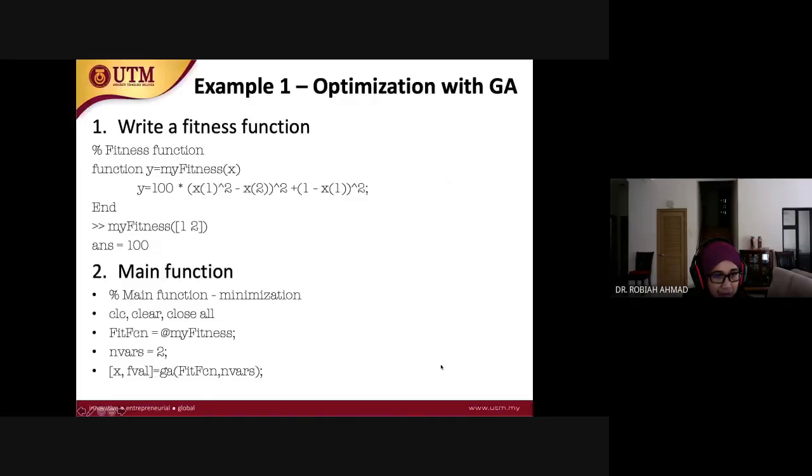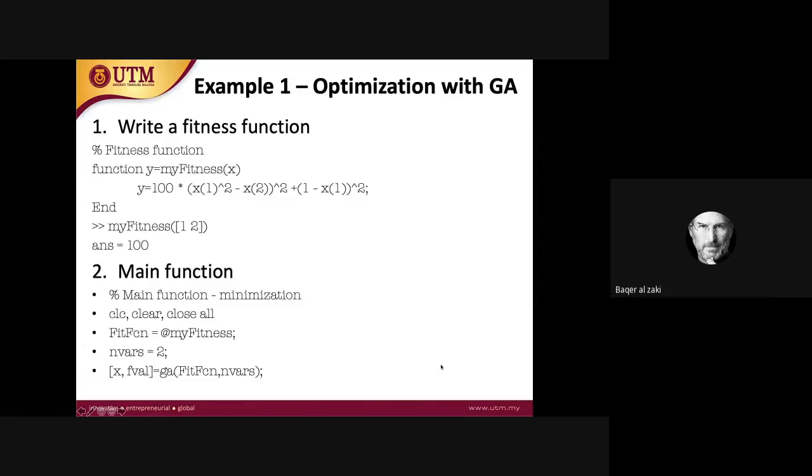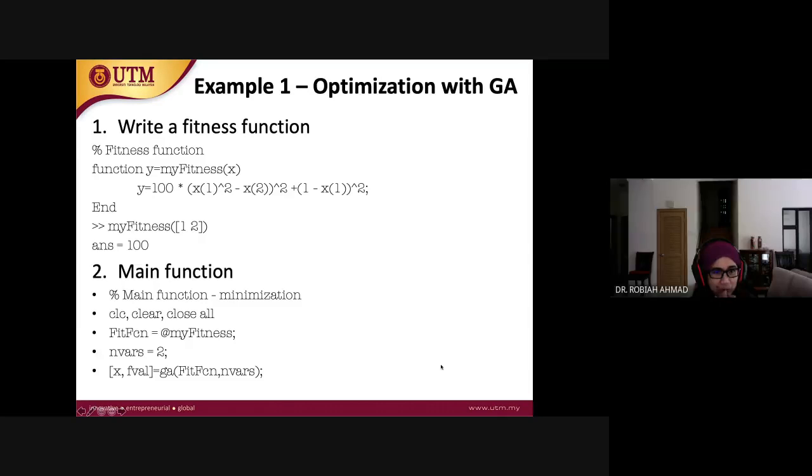Fitness function. So I have my equation y equal to 100 times (x1 squared minus x2) squared plus (1 minus x1) squared. Do you remember what function this is? I think a circle, right? Yeah, we did it several times.